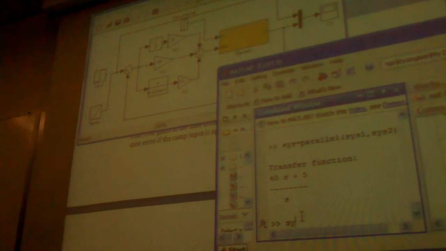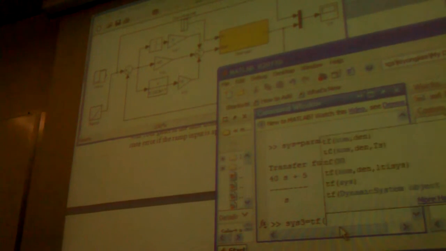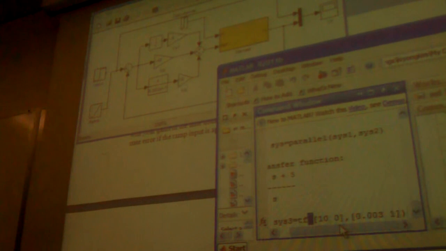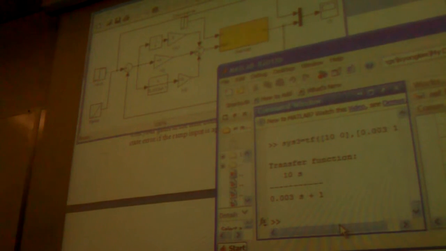Now the third one, I'm going to make this part a transfer function. The numerator will be 10 and 0, that's the numerator. The denominator is 0.03 and 1.